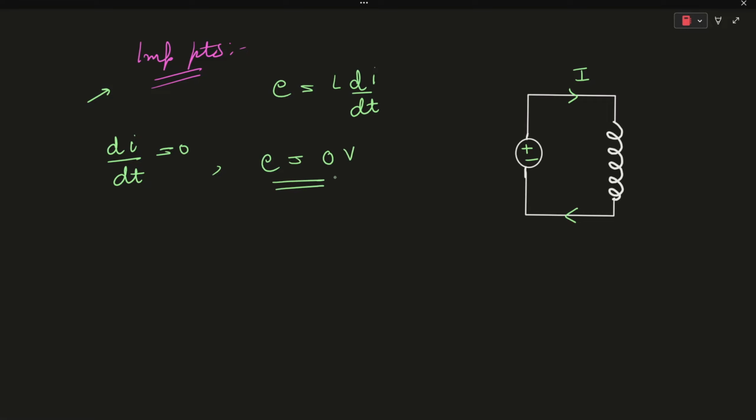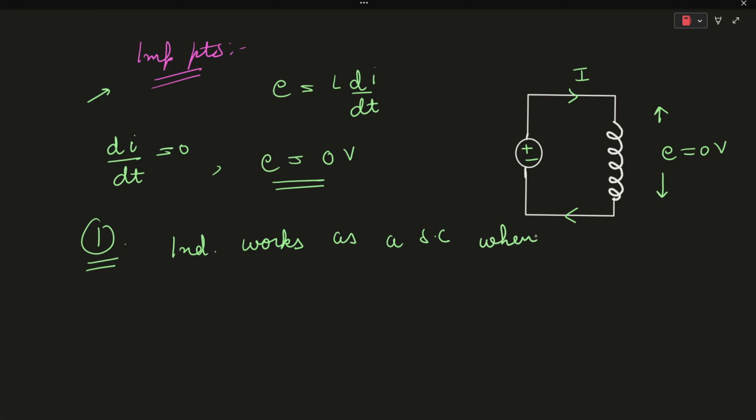It means that the voltage across this inductor will be 0 volts. So the inductor works as a short circuit whenever a DC supply is connected across it.